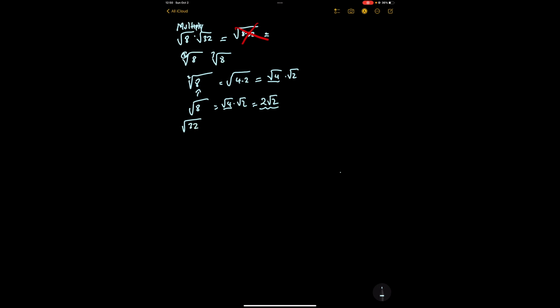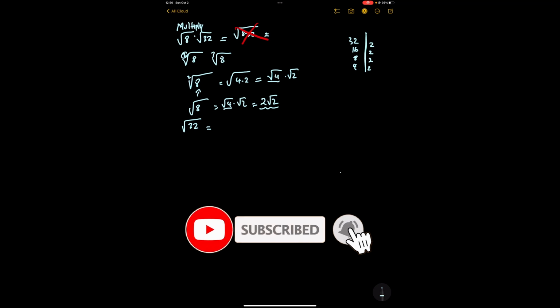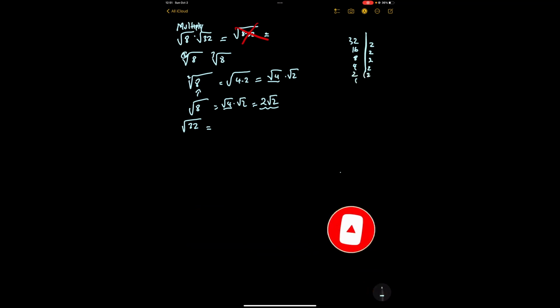Well, what does 32 have that is a perfect square? Let's see. Remember, we can always go this route, right? 32, we say 2, that's 16. We say 2, that's 8. We say 2, that's 4. And 2, 2, and 2 is 1. So we have 5 2's in 32.